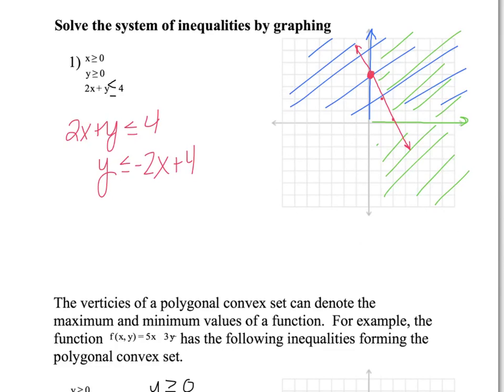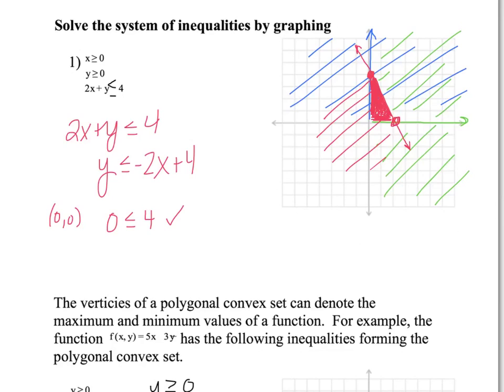And what I need to do then is test the point 0, 0 and figure out where my shaded region is. So if I plug in 0, 0, I get 0 is less than or equal to 4, which is true, so I shade the region towards x equals 0. So what I'm looking for is this space in the center where all three of my shaded regions overlap. So you can see I've made a triangular set of points where all three regions are overlapping.